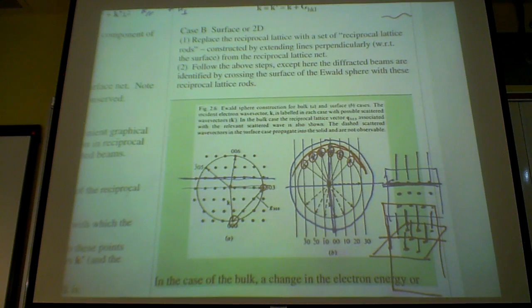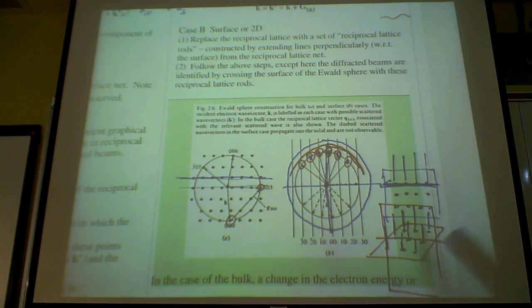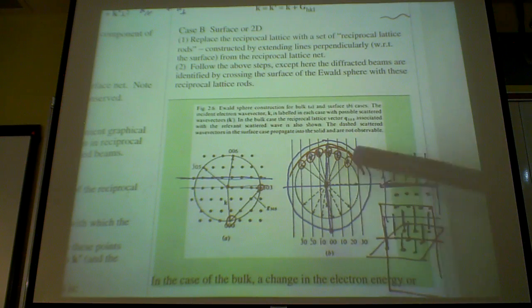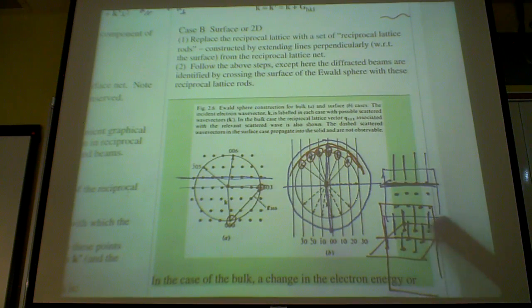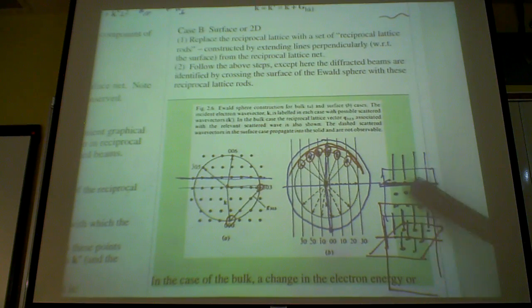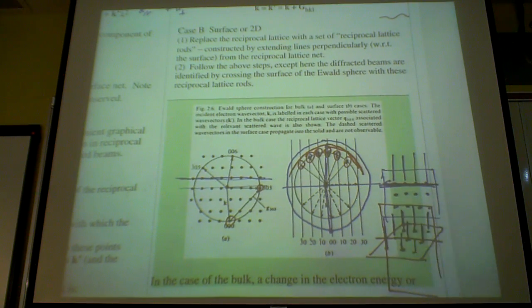Okay, it's a little bit hard, so does everybody follow me? So again, this is my two-dimensional grid. They have a rod coming out from the surface.